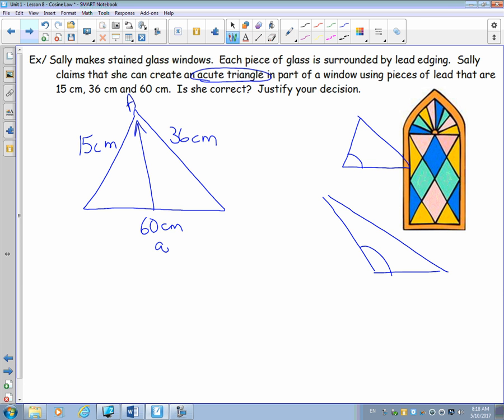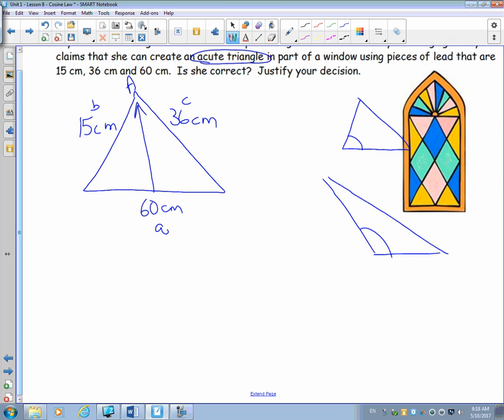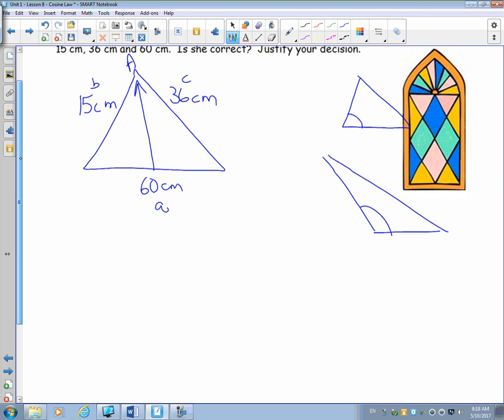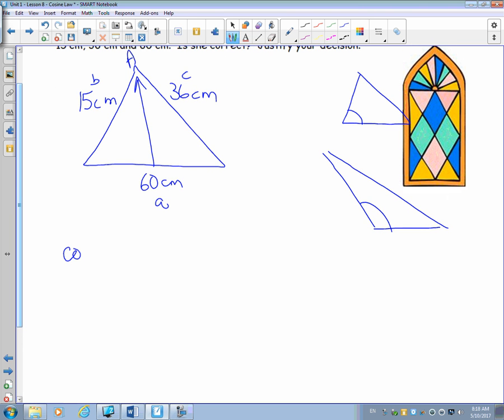So that's A, and I've got B and C. So we're using that rearranged version again. In this case, I'm going to have cos A equals B squared plus C squared minus A squared over 2BC. And we're going to create that ratio idea again.